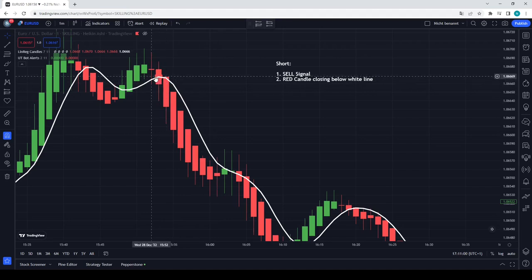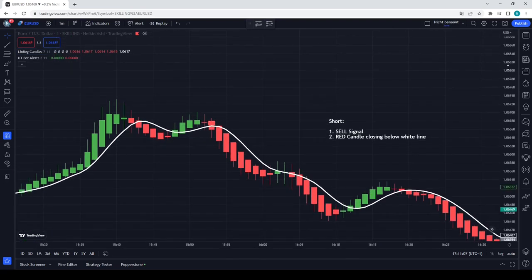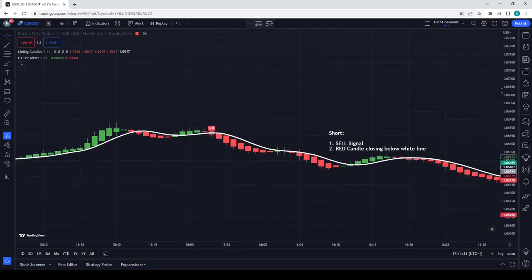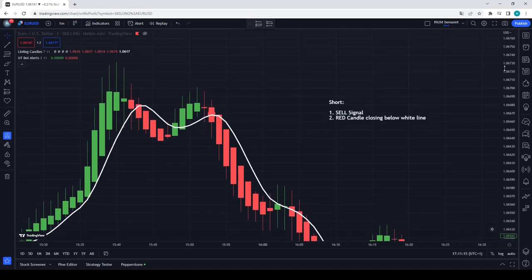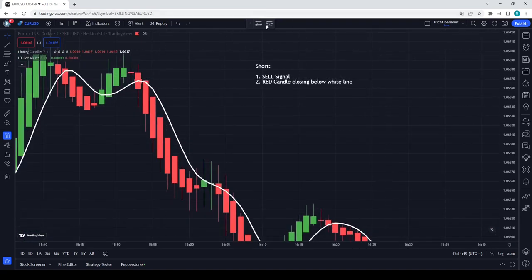I know it's sometimes very hard to see, but the sell signal is hiding just behind the candle. This is where you have to be a little careful that you don't overlook a signal. We get a sell signal, and the sell signal candle is already closing below the line. So this is where we enter.